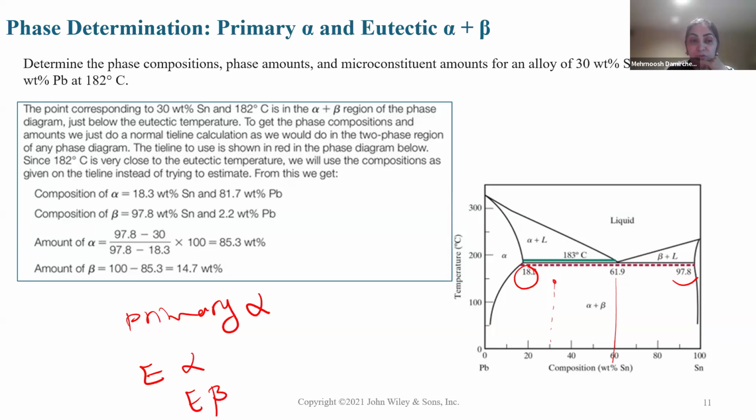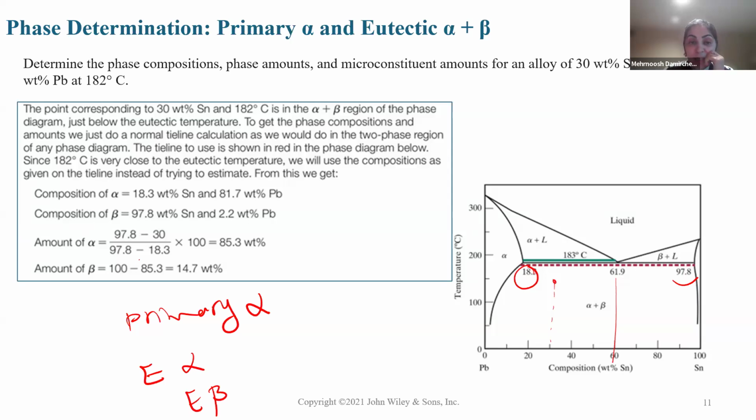The weight fraction of the alpha is the side far from it: 97.8 minus 30, divided by the total. That is alpha, and then beta, but we are not finished.